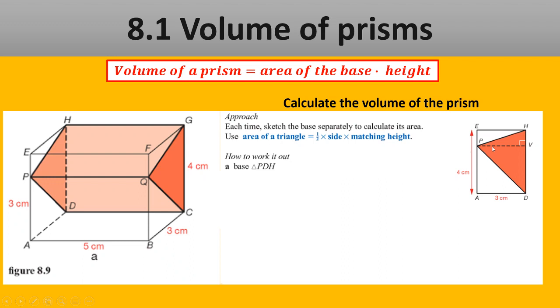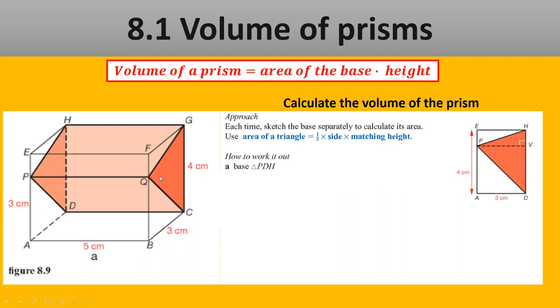What example am I calculating? And how am I going to calculate it? So here they sketched AD. They know that that's 3. It's given, right? The same as BC. I know that from A to E is 4 centimeters because that's CG. And I also know that AP is 3 centimeters, right?